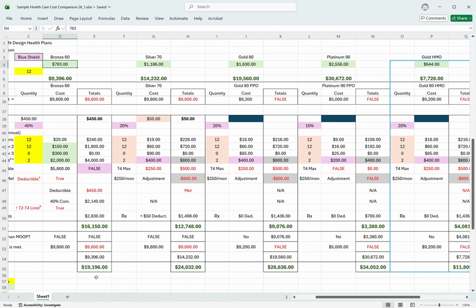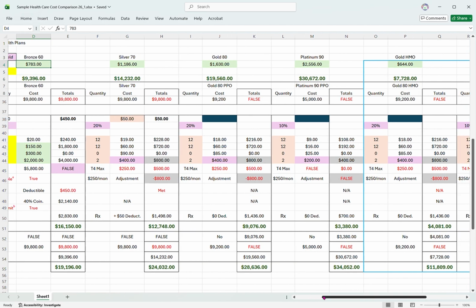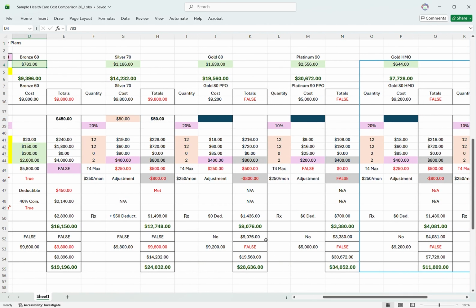Obviously, a better deal for the bronze if you hit the maximum out of pocket. For the gold plan, the maximum out of pocket has not been triggered because total drugs and healthcare spending are below the maximum out of pocket of $9,200. So healthcare expenses plus pharmacy plus premiums, $28,000.